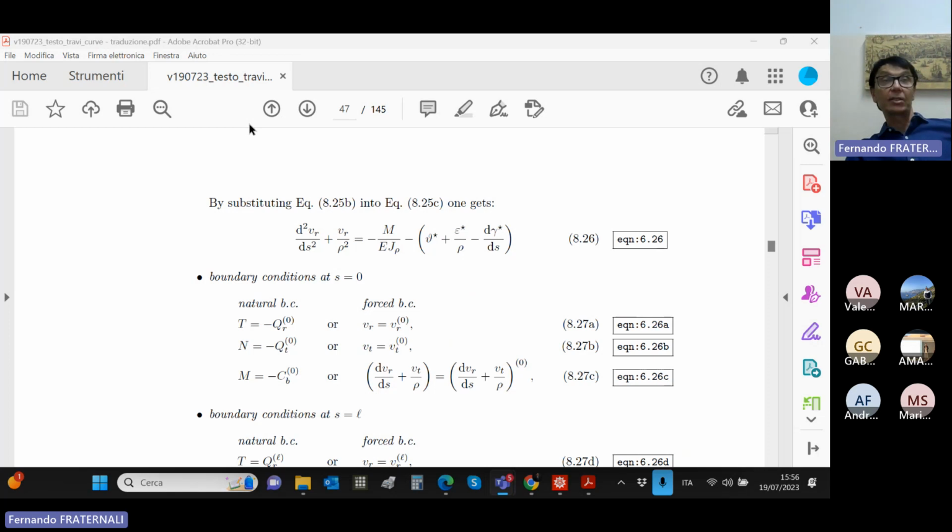Here, we obtain a slightly different result, which is given by this equation.